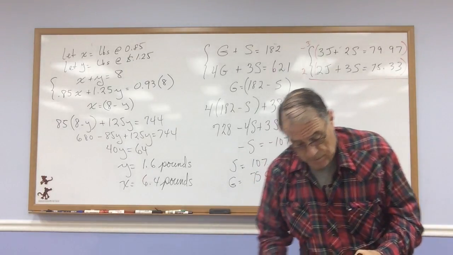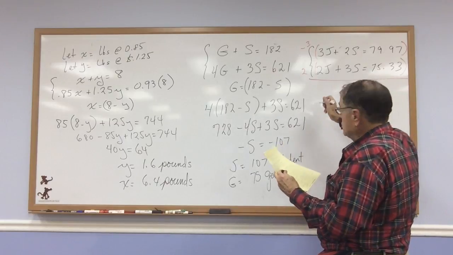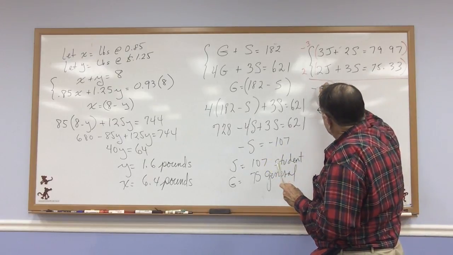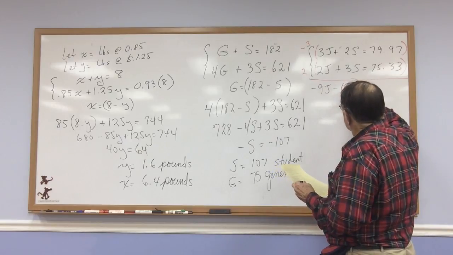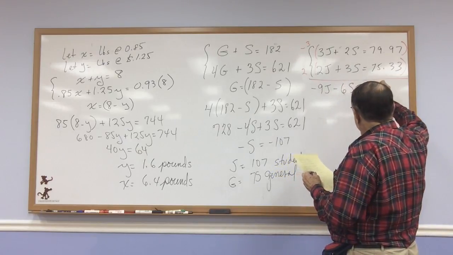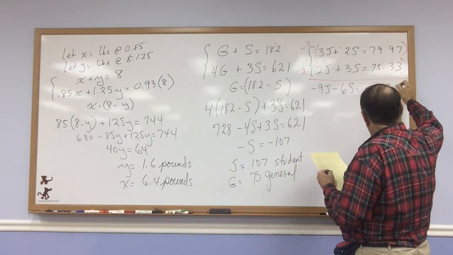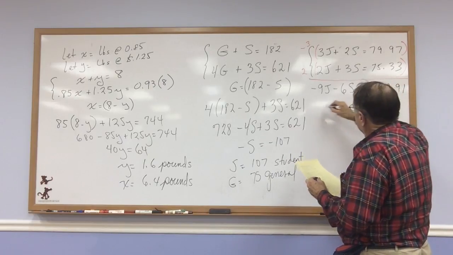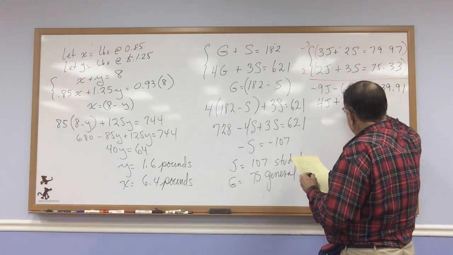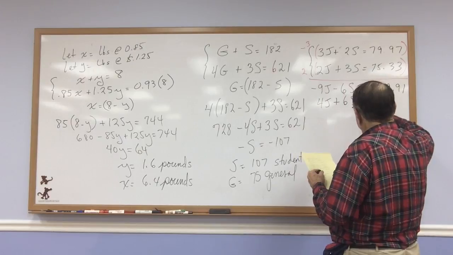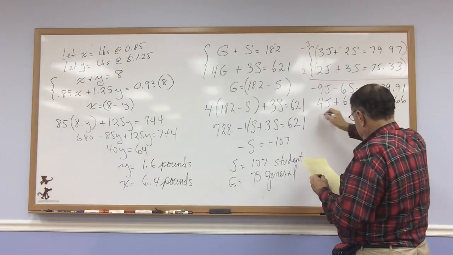So when I multiply then, it'll look like this. For the first equation, -9j -6s equals -239.91. And in the second, 4j plus 6s is equal to 150.66.